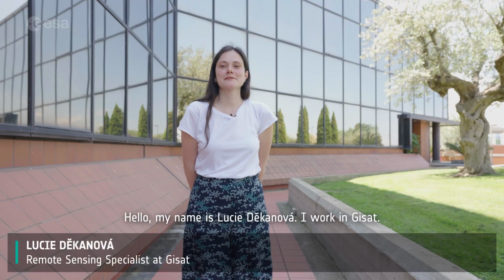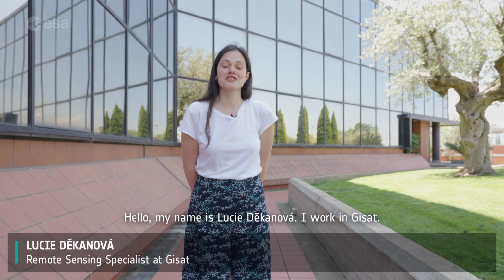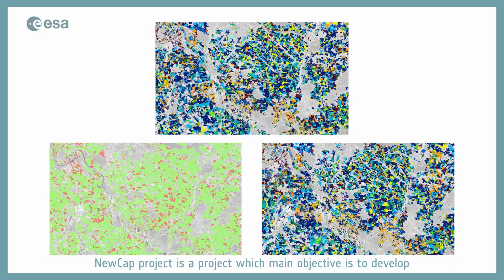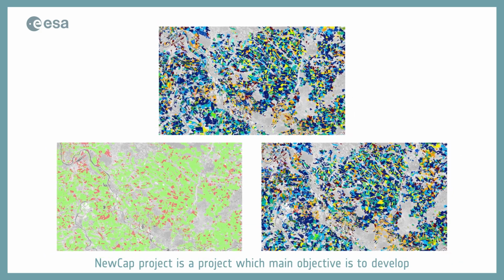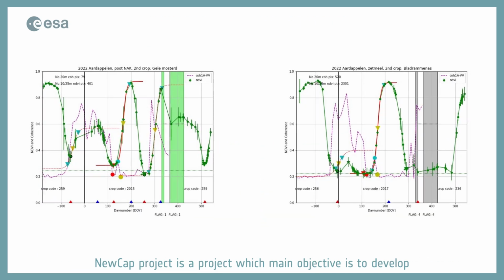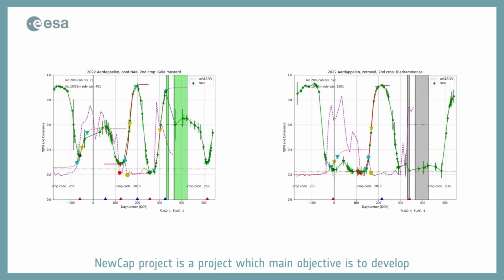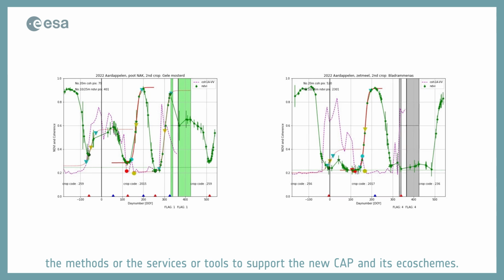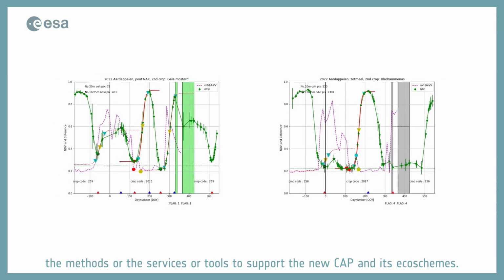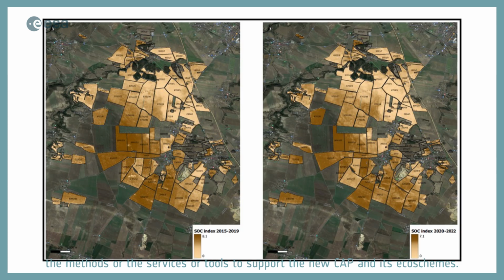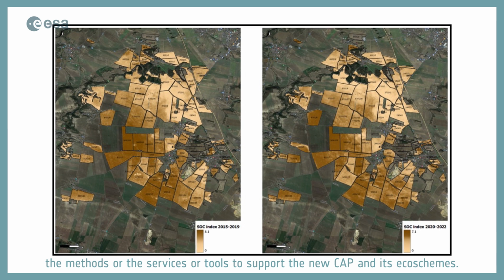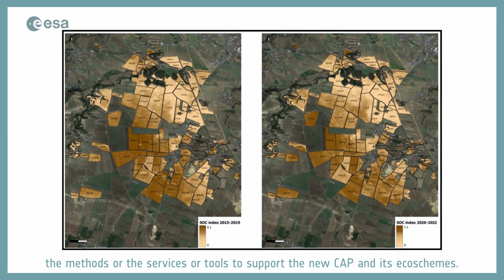Hello, my name is Lucie Dekanova. I work at GSTEP. The New CAP project is a project whose main objective is to develop the methods, services or tools to support the new CAP and its eco-schemes.